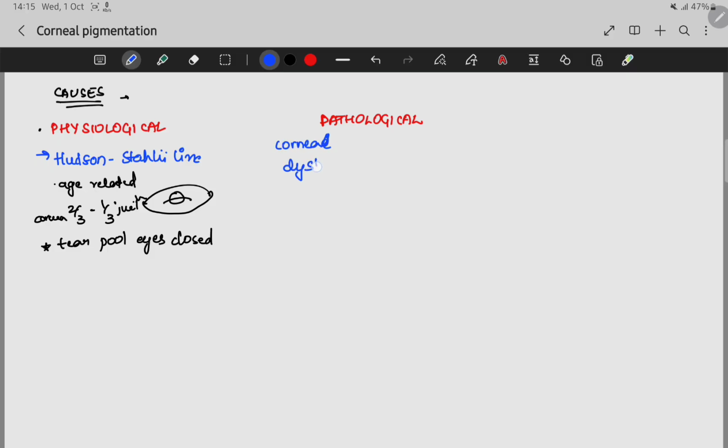Coming to the pathological causes, we can divide it into ocular causes such as corneal dystrophy and corneal degenerations. So we will discuss in detail about this in our next class. And there are some systemic causes also, such as deposition.